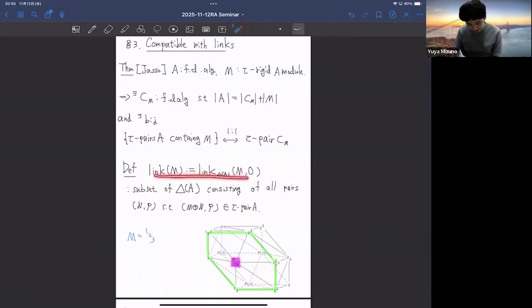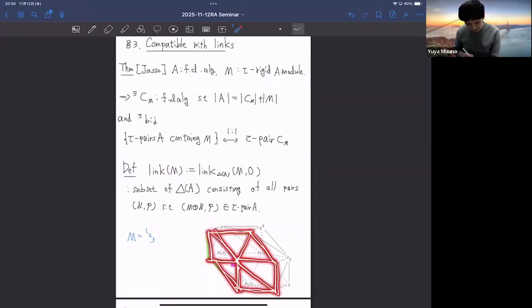So for example, consider this case. Then what is the link in this case? It means this is a simplex containing M, and this is also a simplex containing M. So in this case, the link is described by this green part. Namely, the simplices containing M are this part. So this N, P is in this case this part.